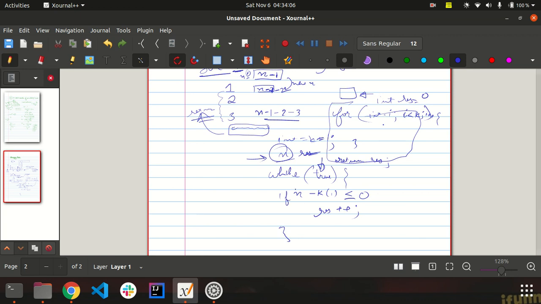If this returns true, we increment our result, and we also increment our k variable, right? So now we will search for 2, so k would be 2. Oh, and one more thing, we have to change our n by k, n minus k.